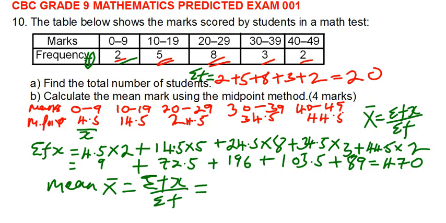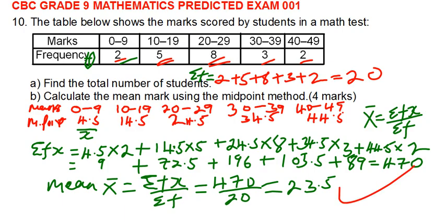This is equal to 470 divided by the frequency total, which is 20, and when you simplify, you get 23.5. You can divide using your calculator and you will get 23.5. So that gets you 4 marks.